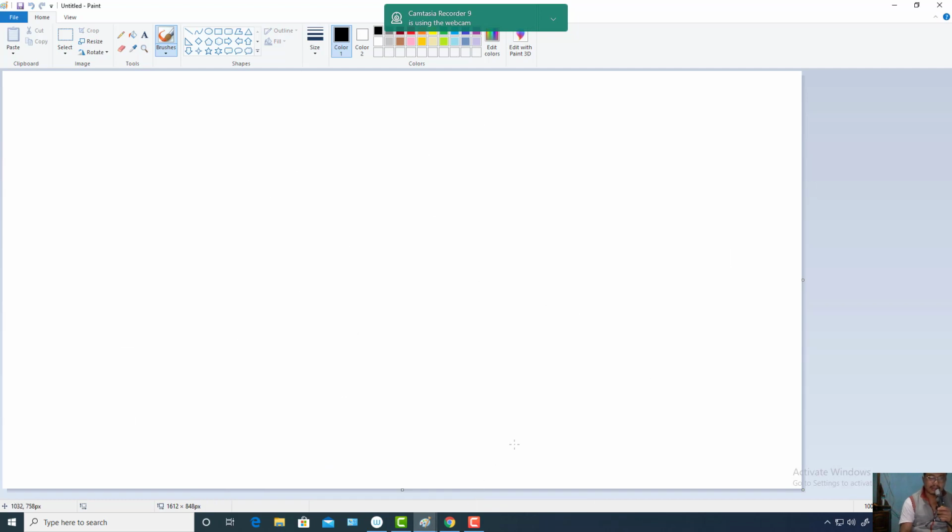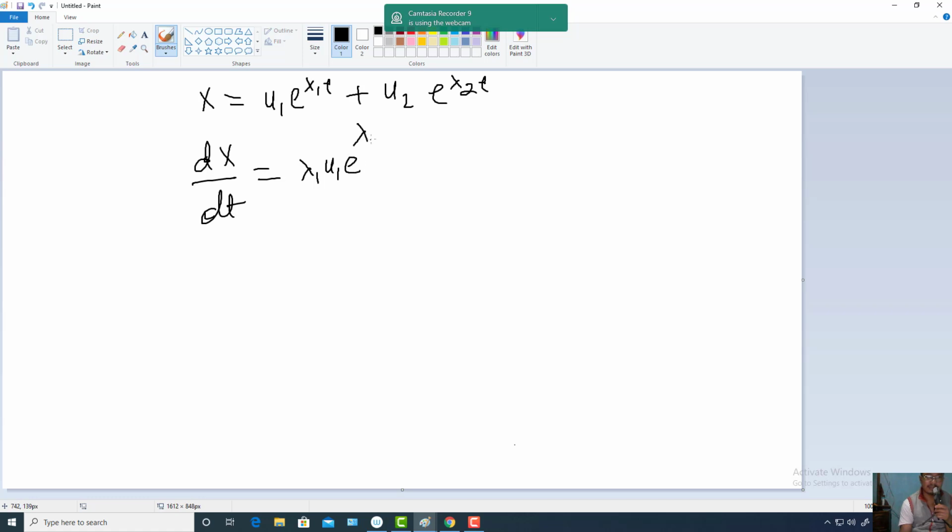If you differentiate x, which is u1 e to power lambda 1 t plus u2 e to power lambda 2 t, then since u1 and u2 are constant vectors, dx by dt is equal to lambda 1 u1 e to power lambda 1 t plus lambda 2 u2 e to power lambda 2 t.